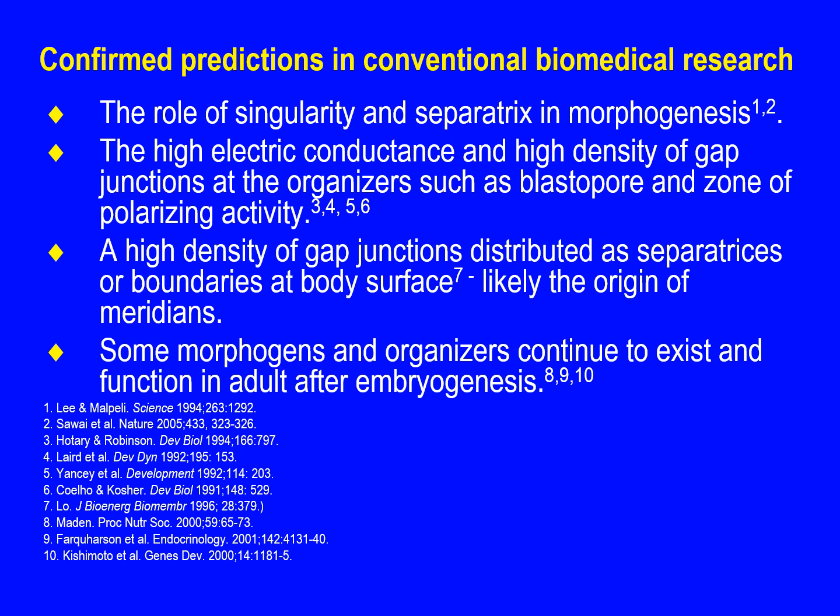A high density of gap junctions has been confirmed to distribute as separatrices or boundaries at body surface, and this is likely the origin of meridians. And many research groups have confirmed that some morphogens and organizers continue to exist and function in adults after embryogenesis.